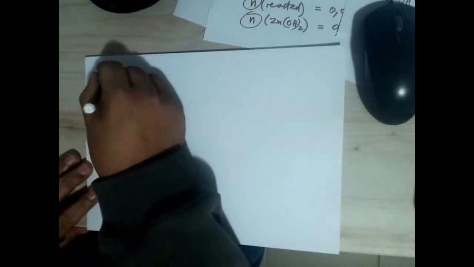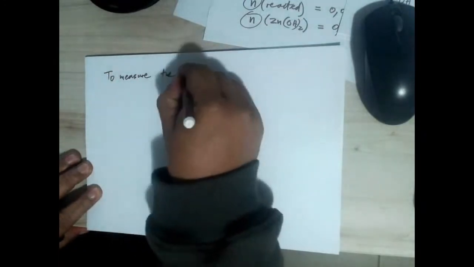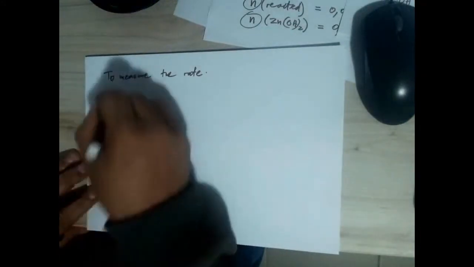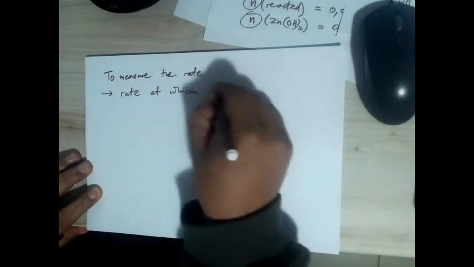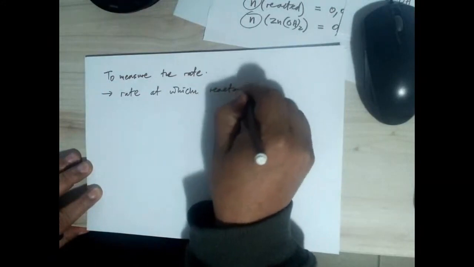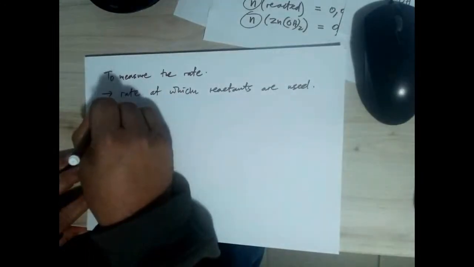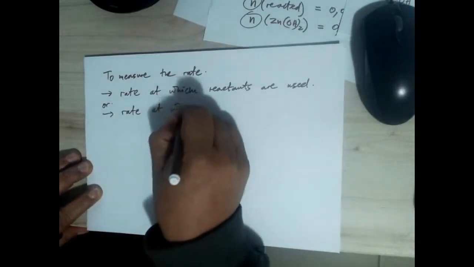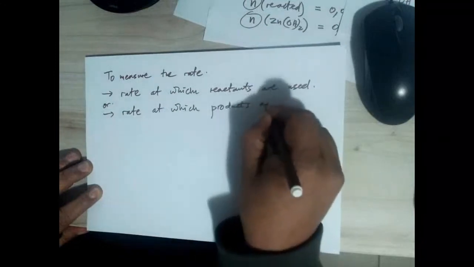Right. Now, to measure the rate of a reaction, we can either measure the rate at which reactants are used, or we could measure the rate at which products are formed.